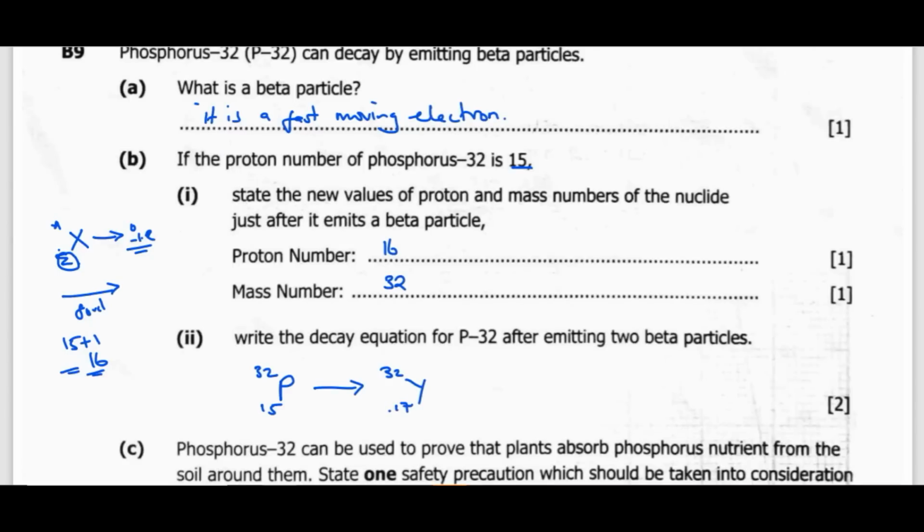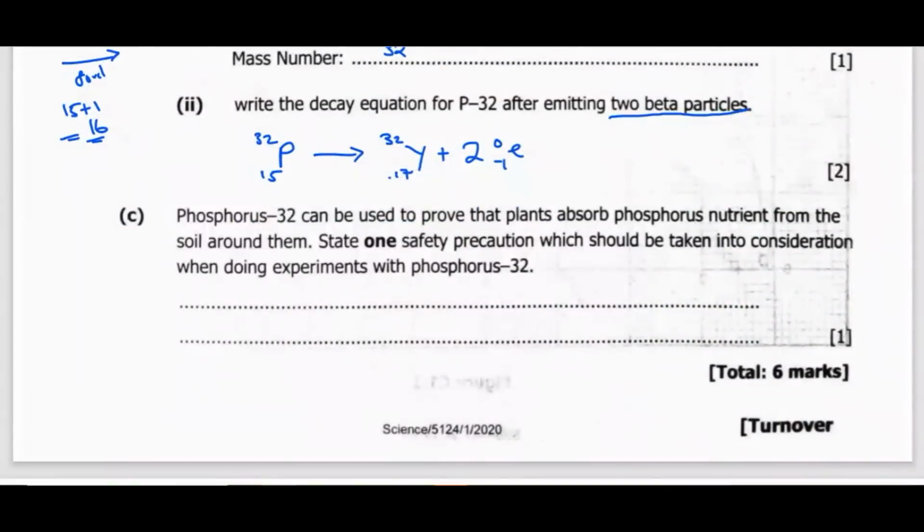Why 17? Because of the 2 beta particles. Each beta particle is 1, so 1 times 2 gives 2. So this is the decay equation that we were asked to find.